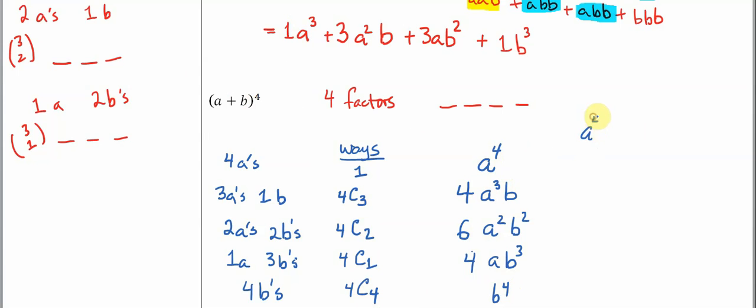It's a to the 4th plus 4a cubed b plus 6a squared b squared plus 4ab to the 3rd plus b to the 4th. Okay.